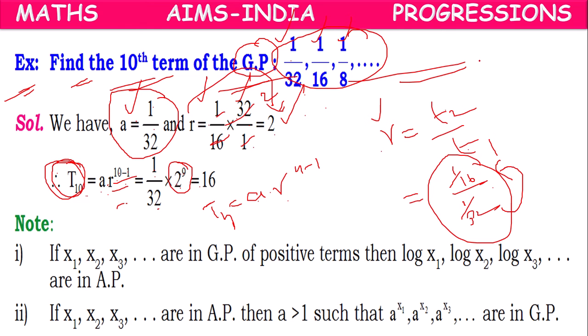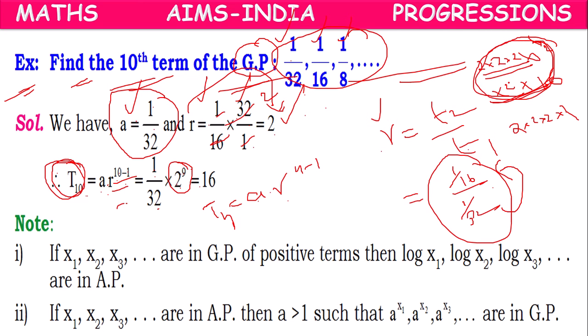2 power 9 means 2 times 4, 2 times 8, 2 times 16, 2 times 32. 32 into 16, again 4 twos, 1, 2, 3, 4. 5 twos will make 32, because 2 power 9 means total we have 9 twos, out of which 5 twos will make 32, 4 twos will make 16.